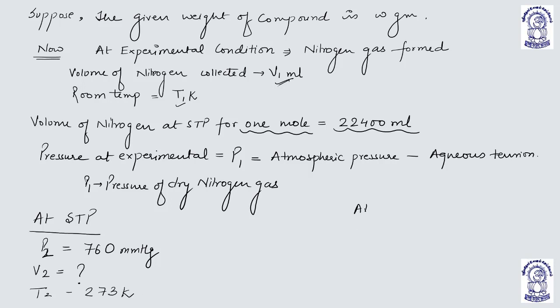Now, at experimental condition, P1 you have to calculate, volume is V1, temperature is T1. So now, according to the gas equation, P1 V1 upon T1 is equal to P2 V2 upon T2.